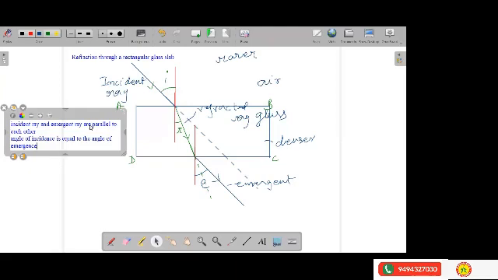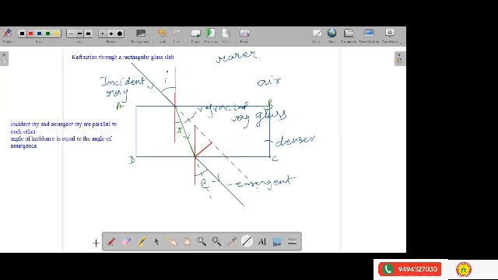This is because the glass slab is rectangular in shape, and we observe that there is a lateral displacement between the incident ray and the emergent ray. The lateral displacement will be indicated by this distance d. The symbol d is the perpendicular distance between the incident ray and the emergent ray.